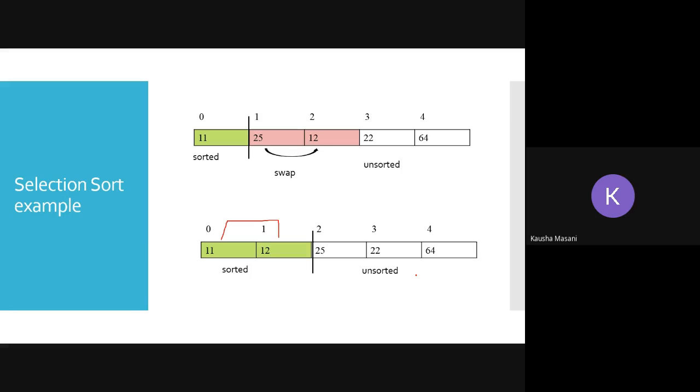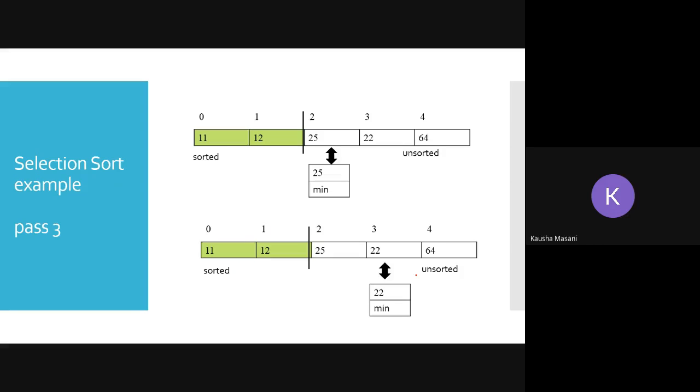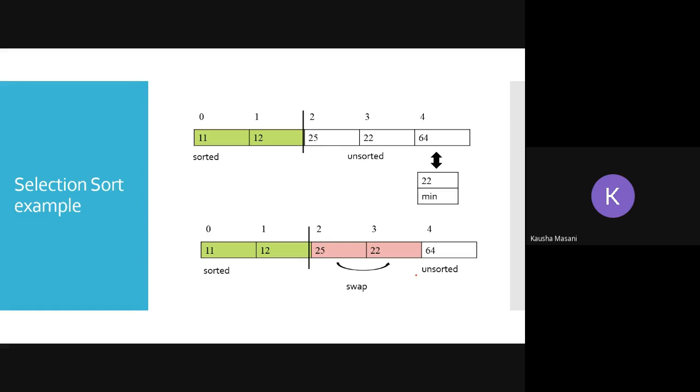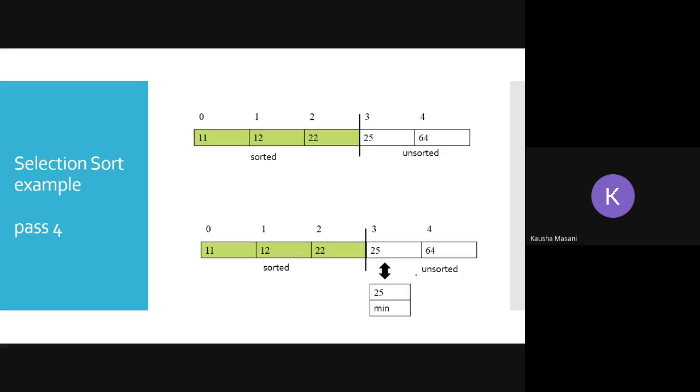Now pass 3. Again find out the minimum. 25 is the minimum, or as you go on comparing, 22 and 64, 22 is still the minimum. So swap 25 and 22. So again 11, 12 and 22 are part of your sorted array, and 25 and 64 are part of the unsorted array.